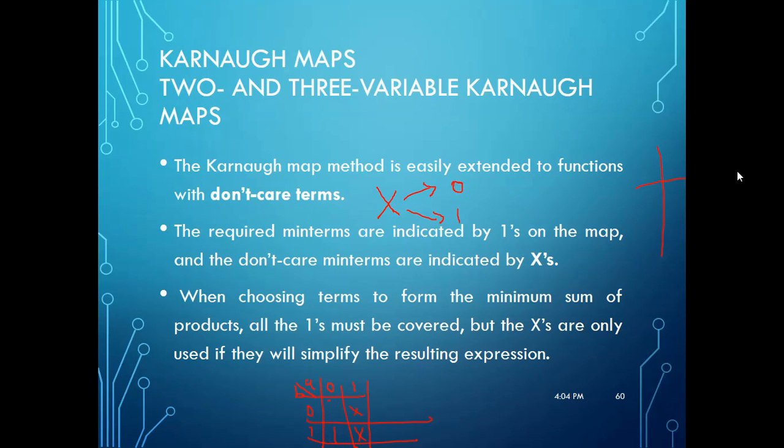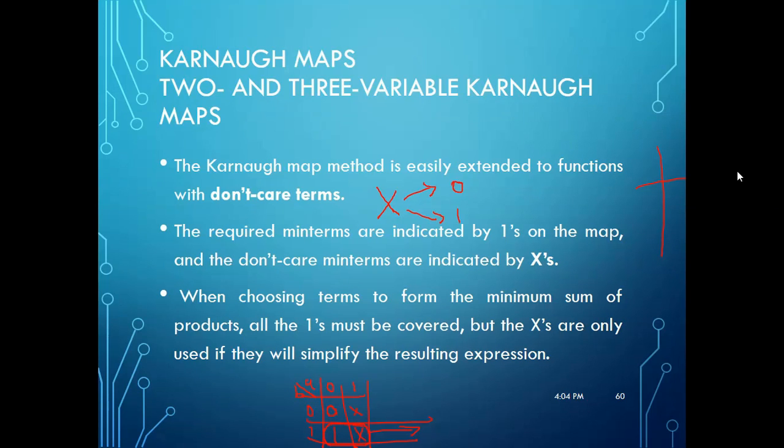I'll erase this, and suppose your problem was like this. Now you cannot pair here. So in this particular condition, you can join this x here and solve the problem. How? You can consider this x as 1, since x can take either 0 or 1.